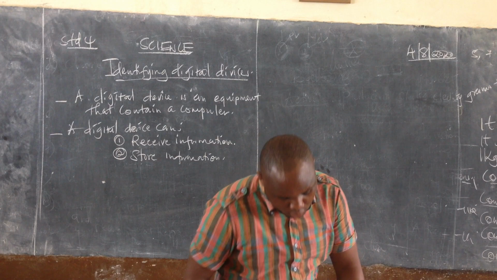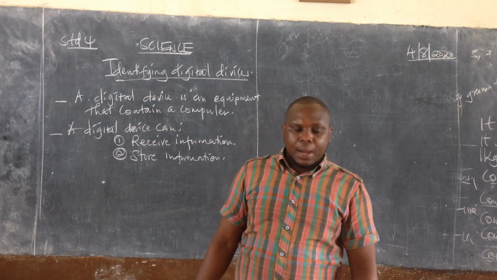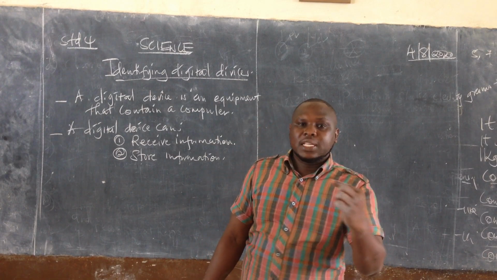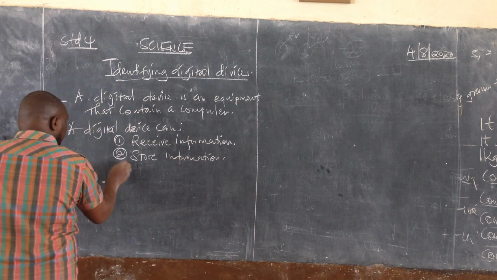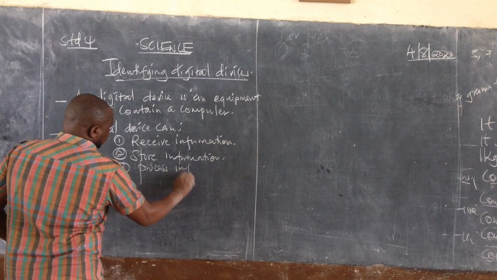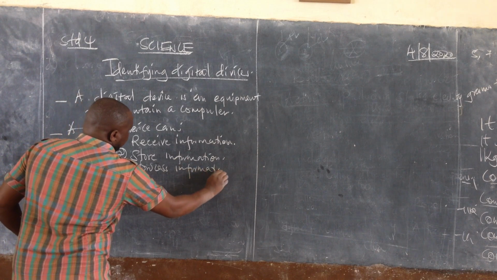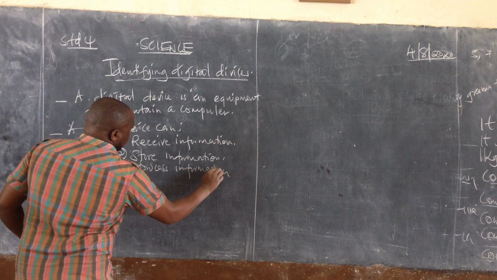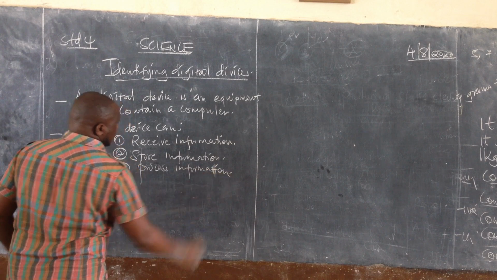Number three, a digital device can process information. Information can be processed.